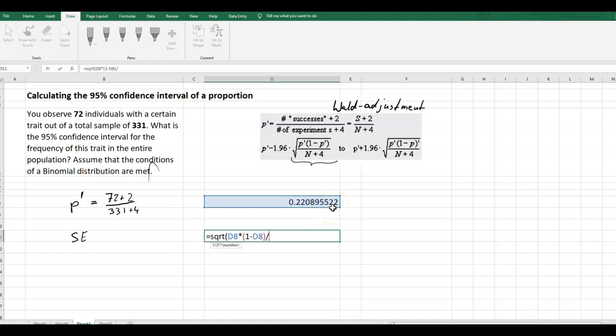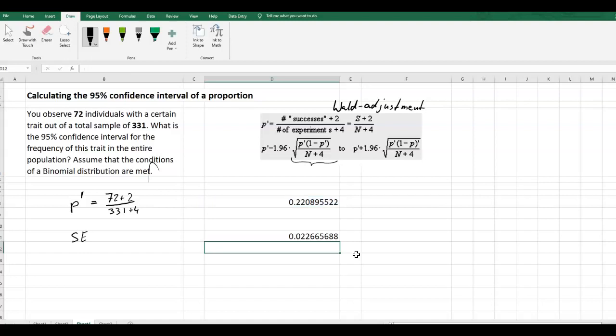And we divide that by our total number plus 4, which is 335. And we close the bracket here. And we get the standard error of 0.02266.